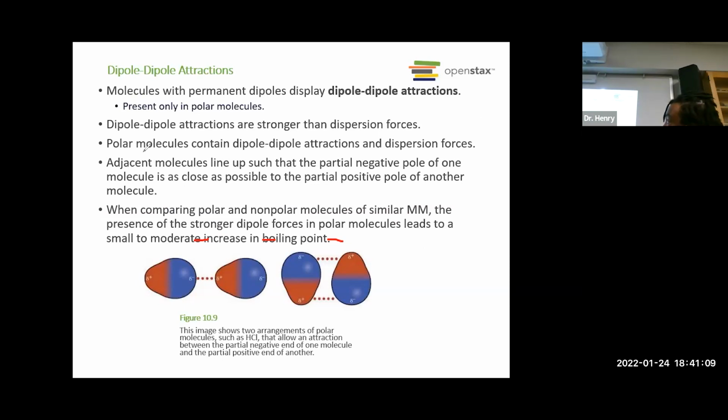So this is an example of dipole-dipole interaction, that positive interaction with that negative. And then we could get it interacting in this way as well, where this negative is interacting with that positive. So we could have end over end or aligned straight up. Both of those are going to affect it.